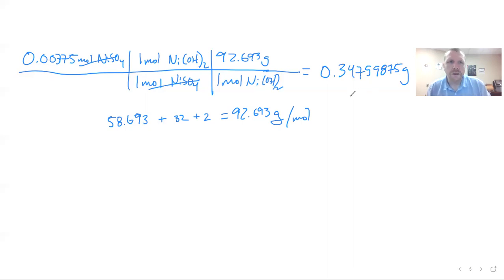And for the sake of organization of our numbers, we got 3 sig figs, and I'm going to use scientific notation. So I'm going to say 3.48 times 10 to the negative 1 grams of Ni(OH)2.